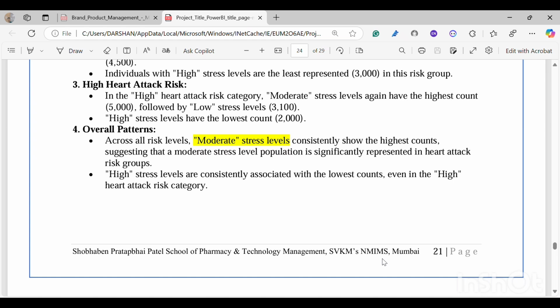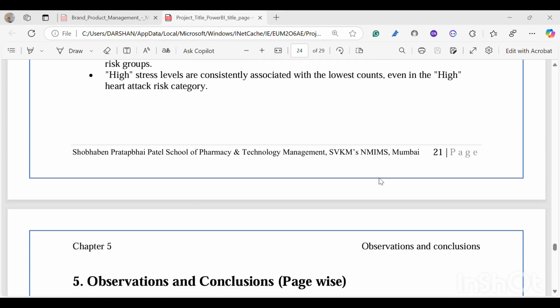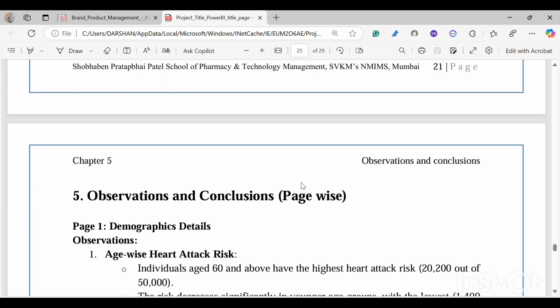So we found that across all risk levels, the moderate stress level shows the highest count, which is clearly visible in the dashboard: if you have a moderate stress level, your chances of getting heart attack risk are higher compared to the high. So yes, this is the kind of insight we can get.